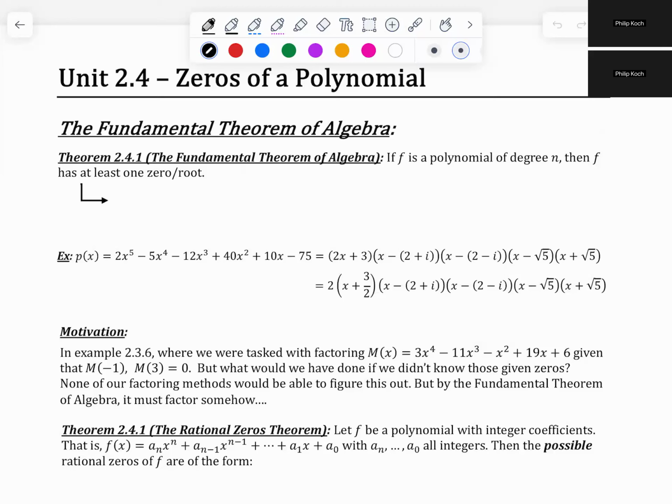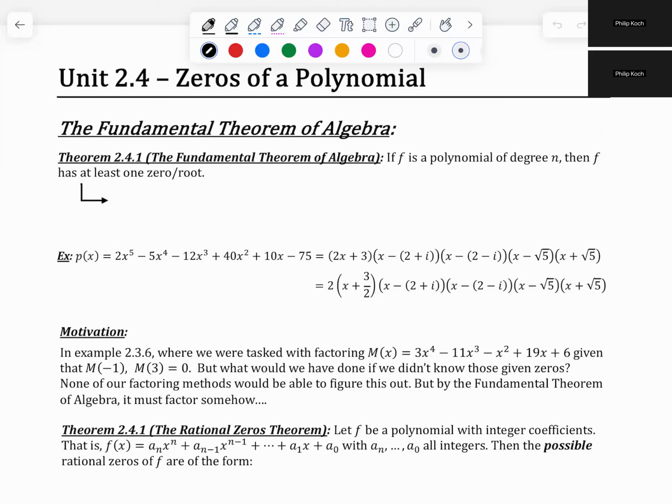There's the fundamental theorem of calculus, which is very essential to our understanding of calculus. And this one is super important to polynomials. If f is a polynomial of degree n, then f has at least one zero or root. Now that seems like a clear statement, right? If it's a polynomial, it has to have at least one zero. But proving that is actually quite a challenging thing.